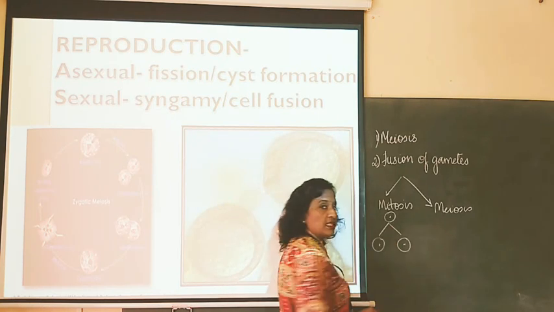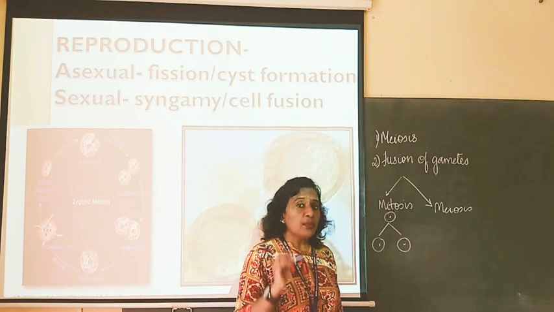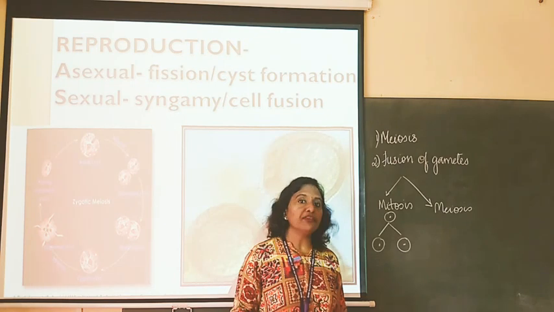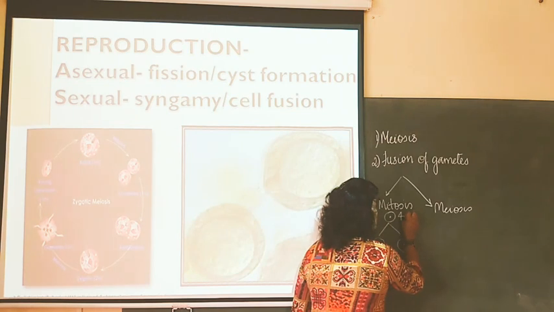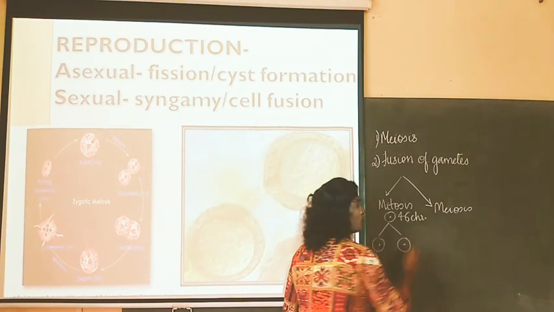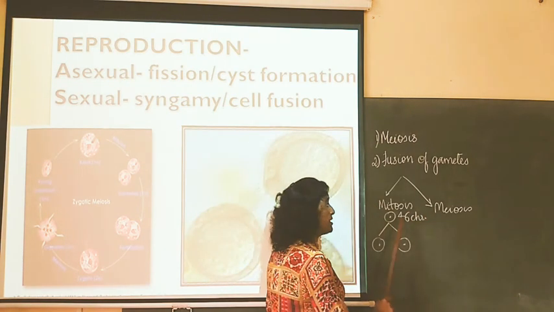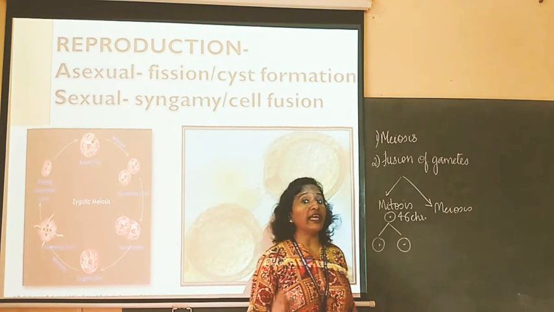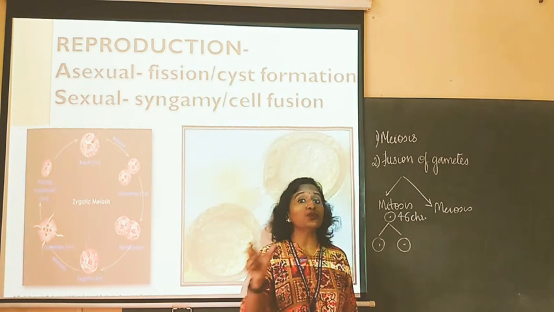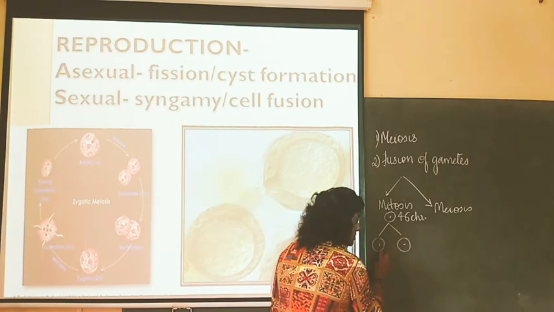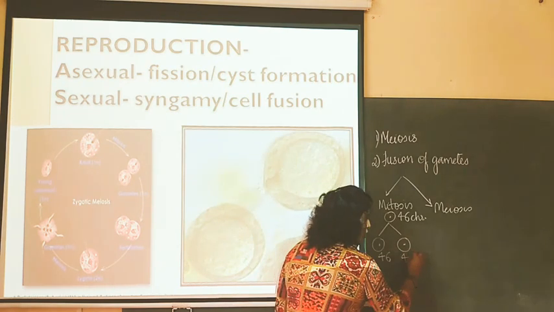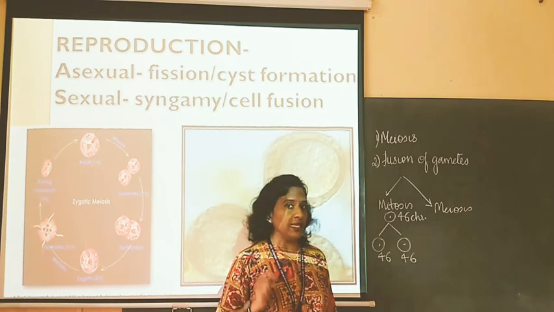Suppose we take the example of a human. In each cell we have 46 chromosomes. When cell division takes place, DNA gets duplicated and two cells are formed. Each daughter cell will also have 46 chromosomes.